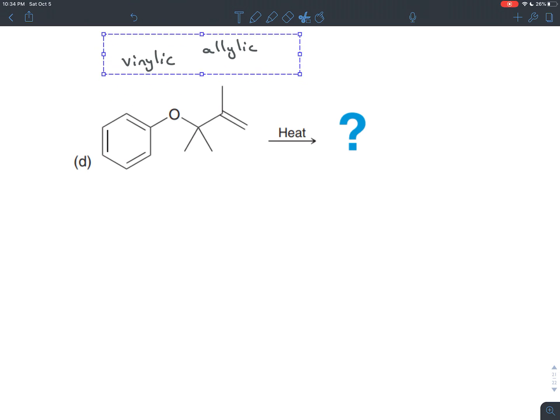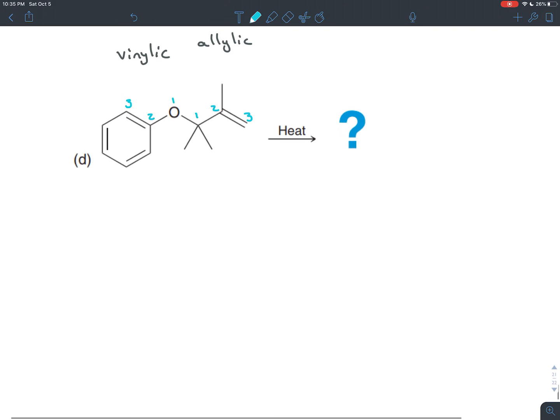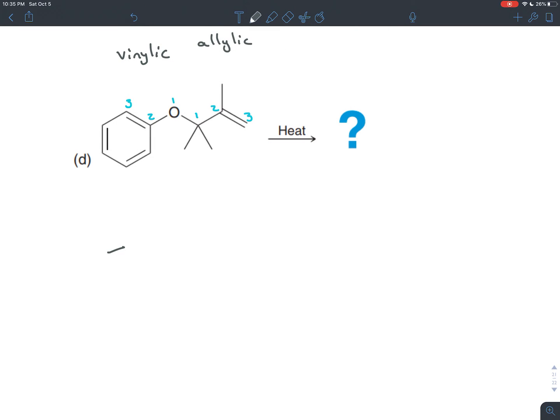Now for the rearrangement to work, the 2 pi bonds have to line up a little bit. So it's going to be a little easier for us if we number this. We want to redraw the molecule so the 2 3s are pointing at each other.